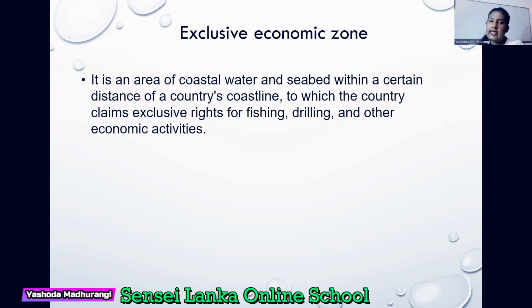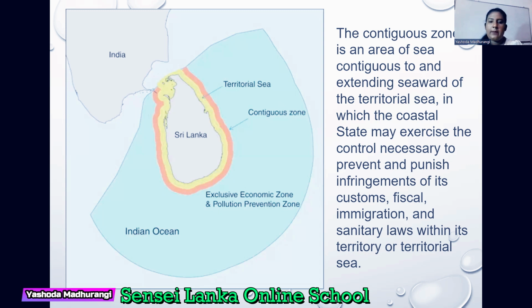It is an area of coastal water and seabed within a certain distance of a country's coastline. If you look at this map, you can understand. In this light green color, exclusive economic zone is shown.